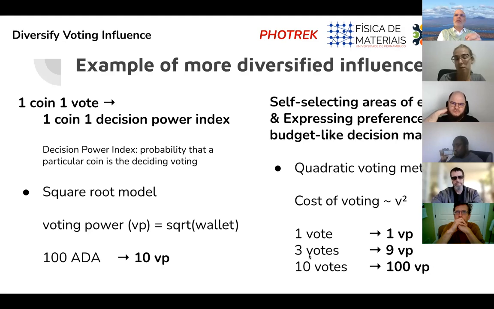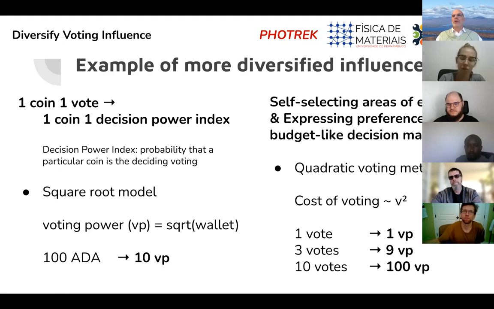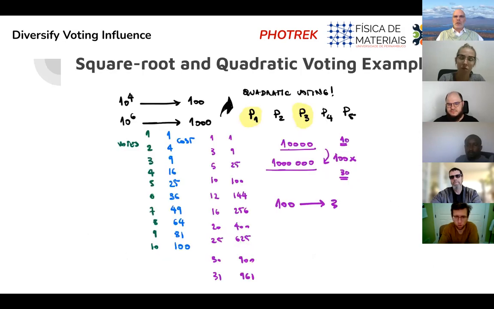So you'd have the ability to express that you care about this particular project more, but your ability to do that would be dampened so that we don't get overly strong opinions. And this has been shown to have a nice property of formulating Gaussian type curves about the community's opinions on different proposals.